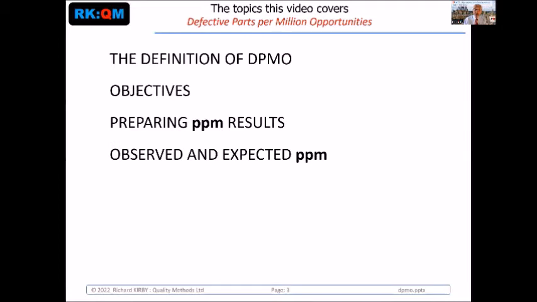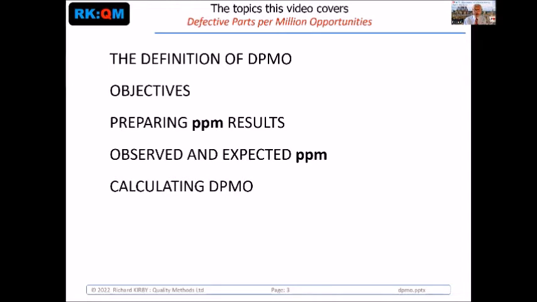We then look at the difference between the observed and expected PPM. You need to understand this difference. PPM and DPMO are used to predict the quality of products, and the observed statistic can be very unhelpful. Only then do I look at an overview of how to calculate DPMO.